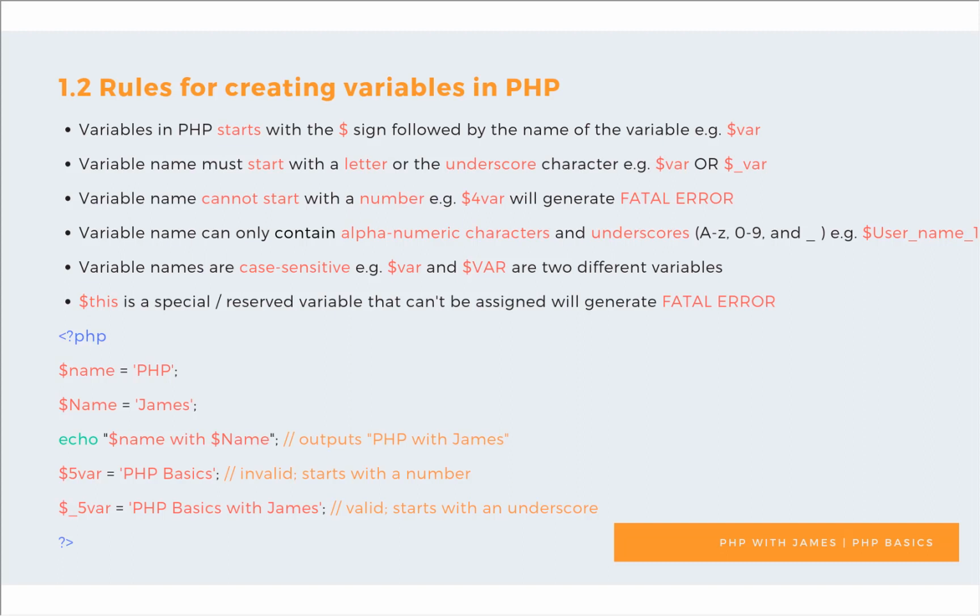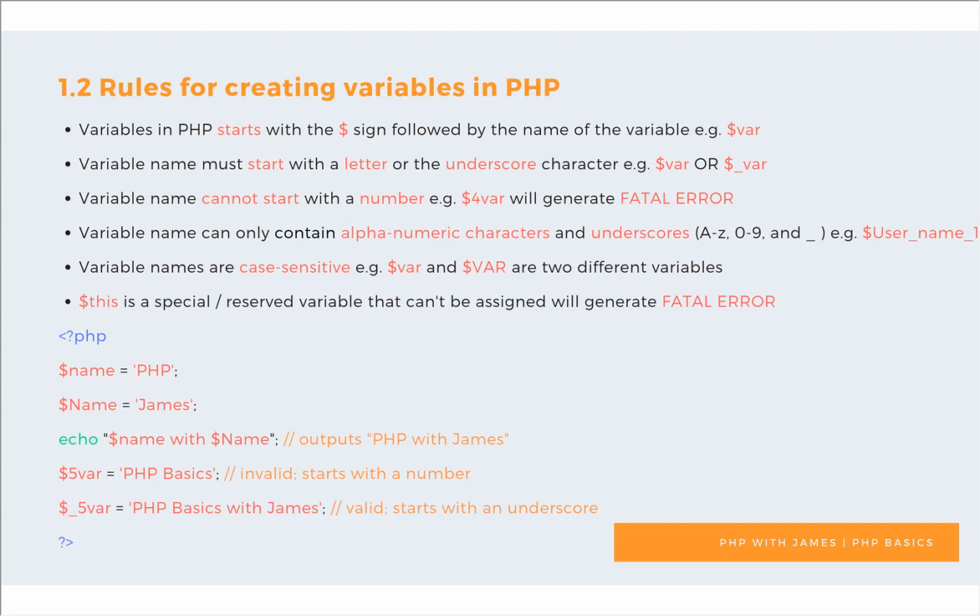In the third line we echo "$name with $Name". Basically we can use variable names inside a double quote string like this, and it will output PHP with James.